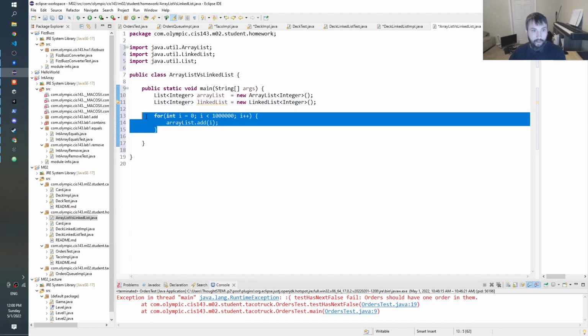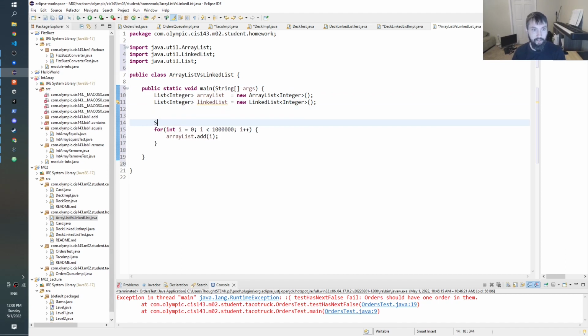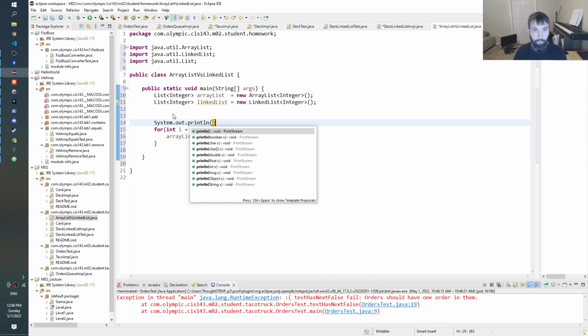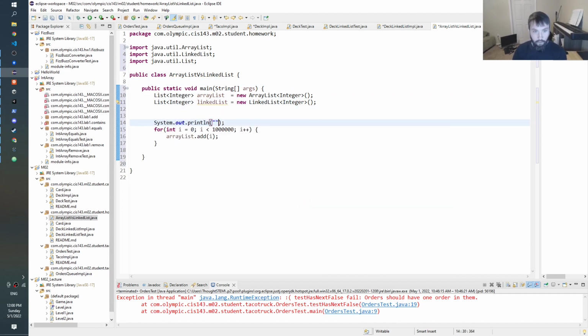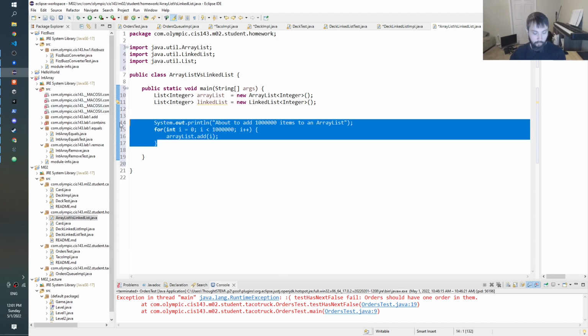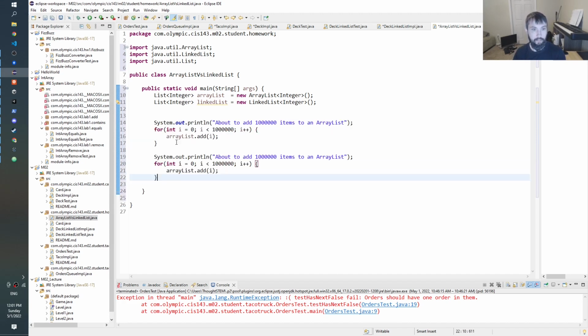Okay, so now let's print something out here. Let's say System.out.println, about to add 1 million items to an ArrayList. And then let's do the same thing to a LinkedList.